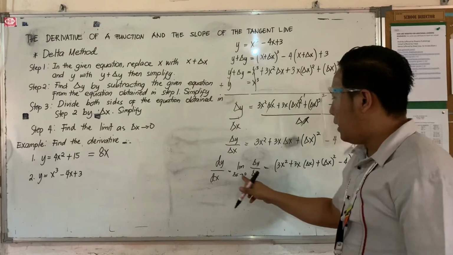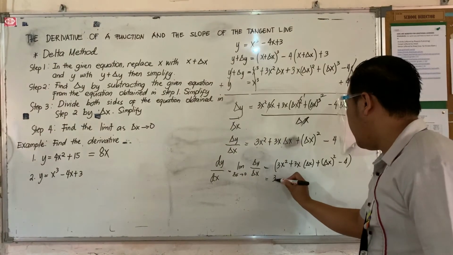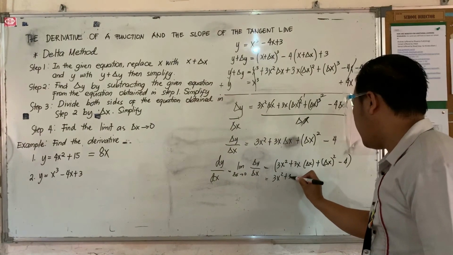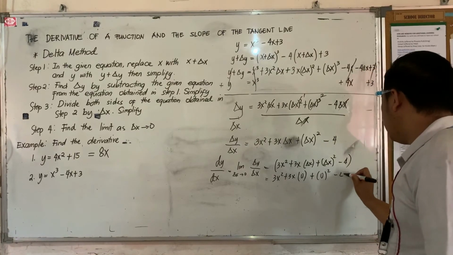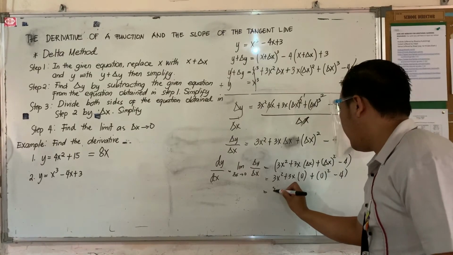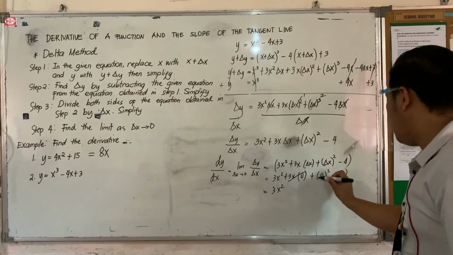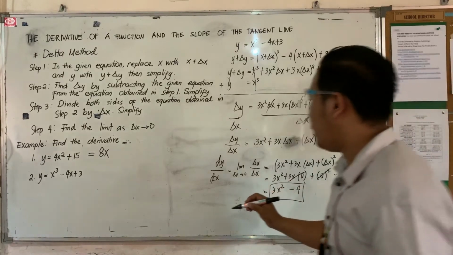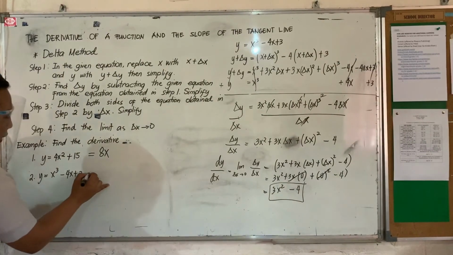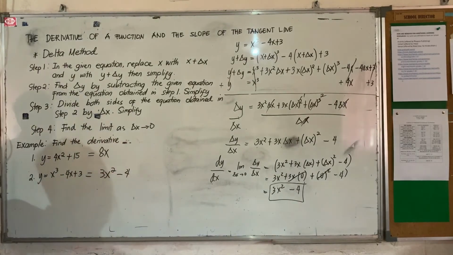Ibig sabihin, lahat ng delta x, re-replace natin ng 0. So, we have 3x squared plus 3x times 0 plus 0 raised to 2 minus 4. Okay, then evaluate 3x squared. 3x times 0 is 0. Square of 0 is 0, so we have minus 4. Therefore, the derivative of x cubed minus 4x plus 3 is equal to 3x squared minus 4. Okay, yan po.